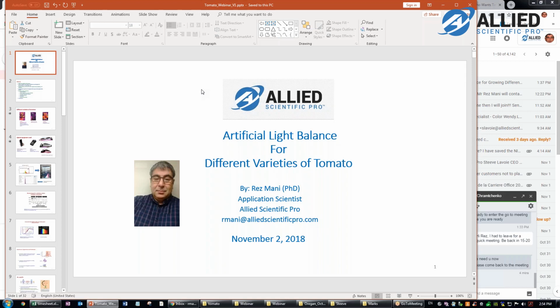So one of the major things that I tend to look at is, and the question that I tend to ask myself is, how many professional tomato cultivation facilities in North America use a magenta spectrum with high amounts of blue and red? And how many professional cultivation tomato facilities use a full spectrum LED?